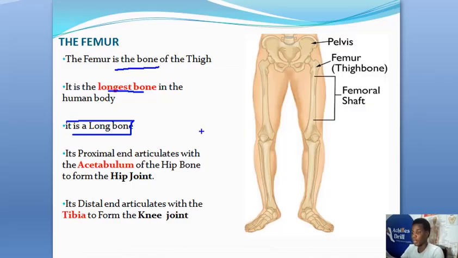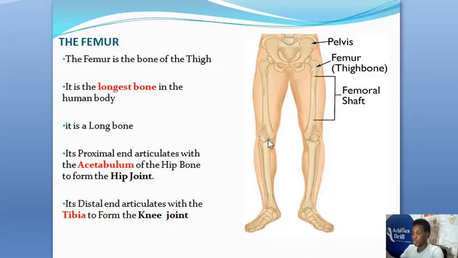But the femur is a long bone, and then it proximally articulates with the acetabulum, as we discussed in the previous slide, and then distally it articulates with the tibia to form the knee joint. Okay, so that's the femur for you.